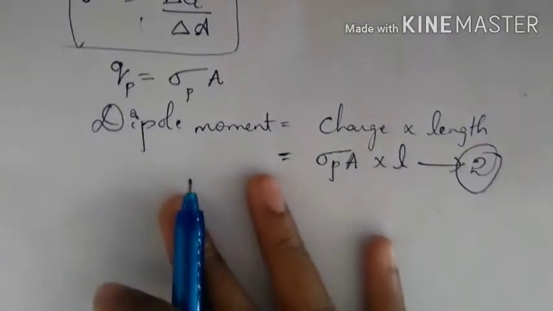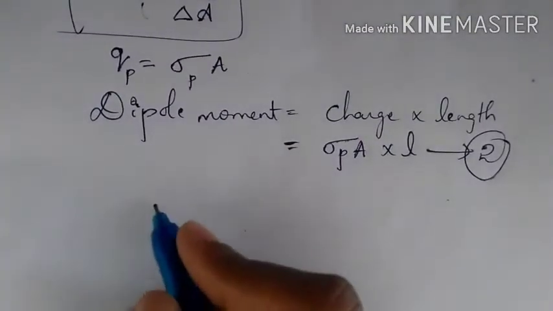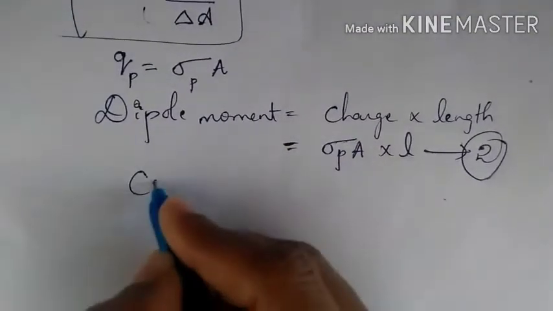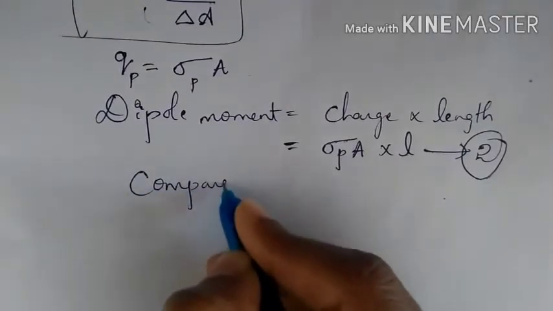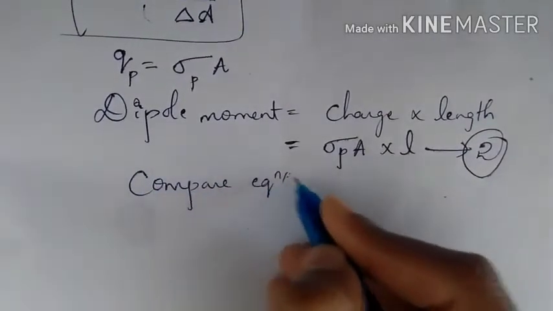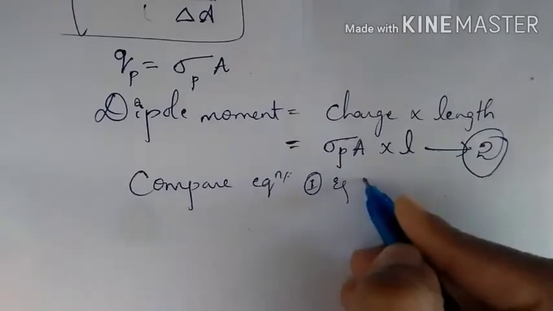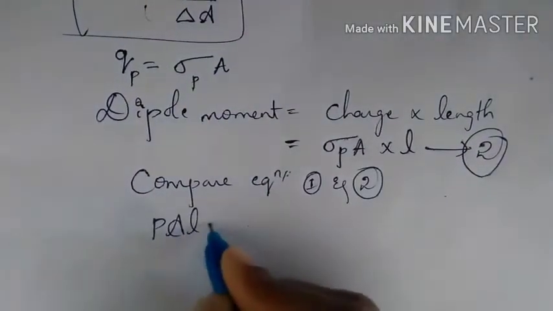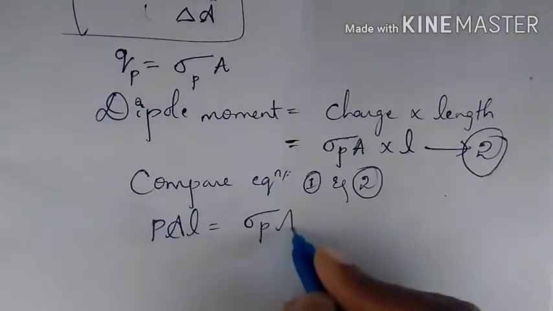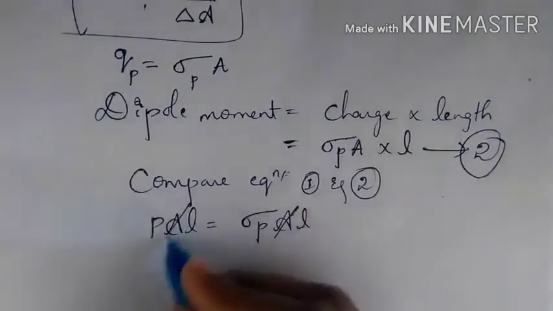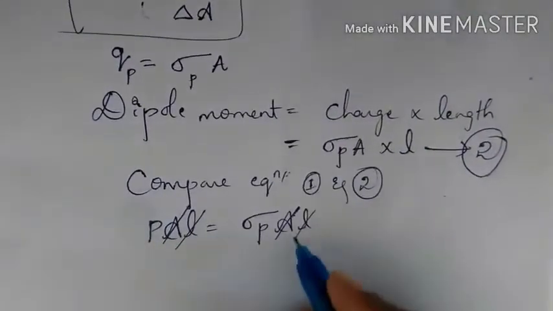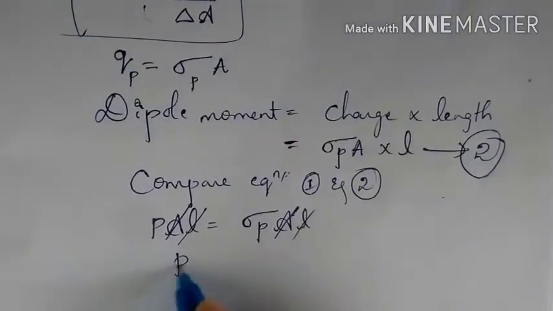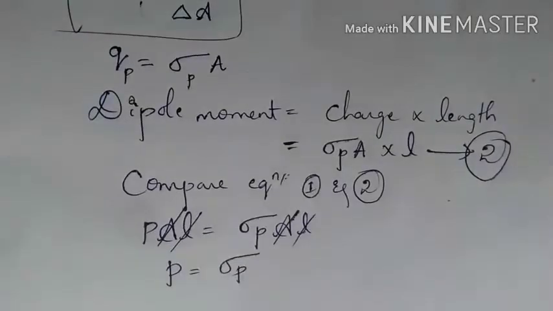If you compare equation 1 and 2, then what you will get? PAL equals sigma p AL. So A will get cancelled, L will get cancelled. What remains is P equals sigma p.